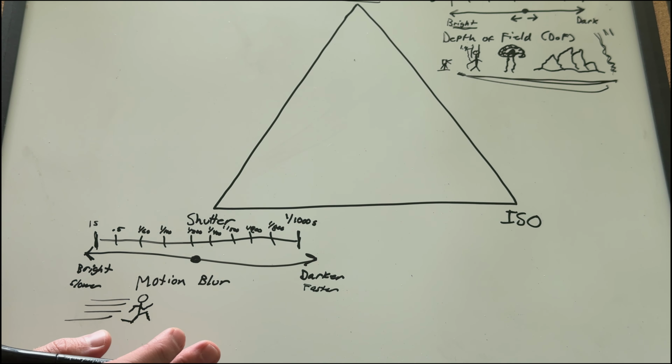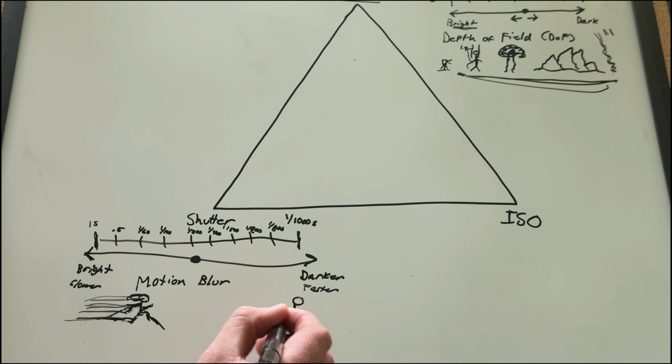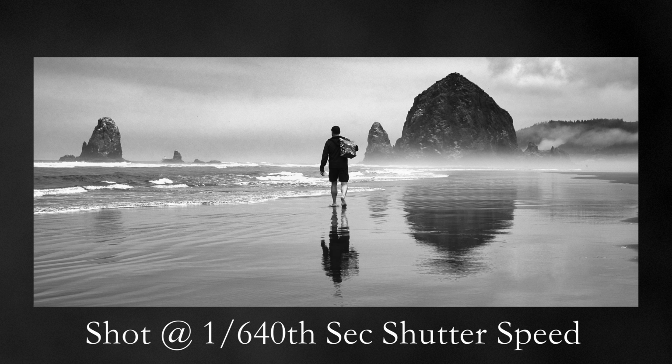You're gonna be seeing streaking, and it's gonna look blurry and gross. But if you have a faster shutter speed, and again, the same guy over here is running, that motion will be frozen and it will be crisp and clear.